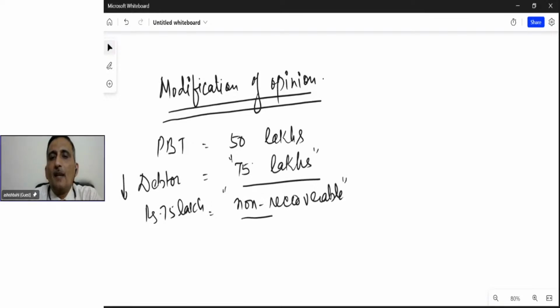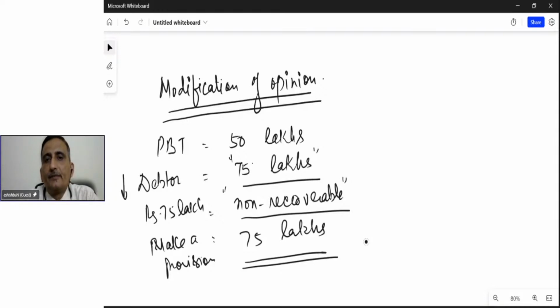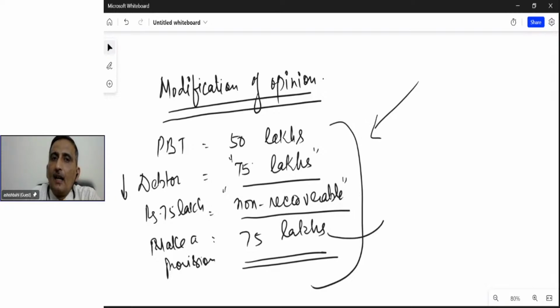So what management was supposed to do? It had to book a loss to make a provision of unrecoverable amount of 75 lakhs. Okay. So now if the management does not make a provision, say, then what would happen? If it would have made provision, the profit before tax of 50 lakhs would have turned into a loss of 25 lakhs.